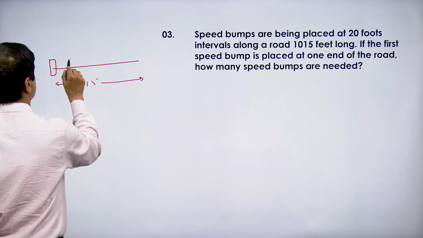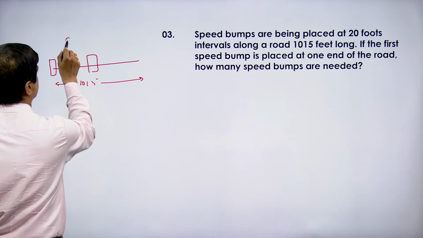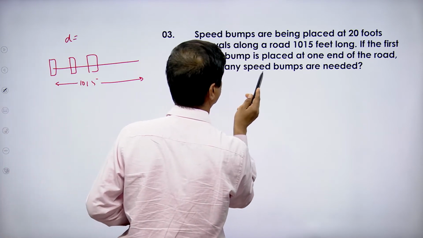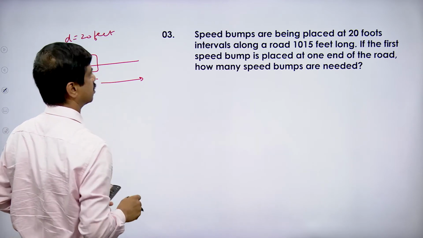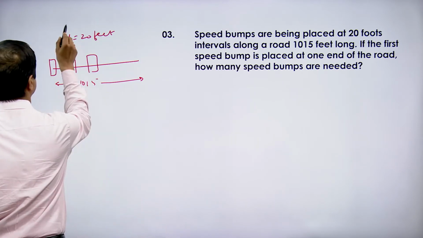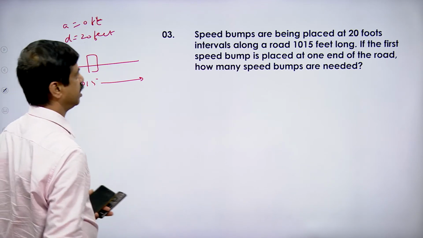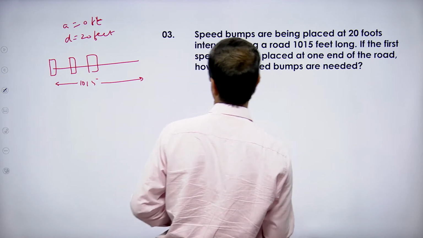So first speed bump to second speed bump to third speed bump, the common difference is 20 feet. The initial term A is at 0 feet. How many speed bumps are needed?